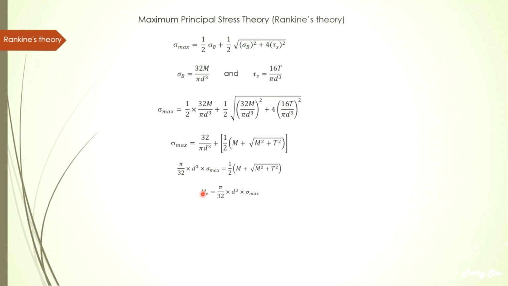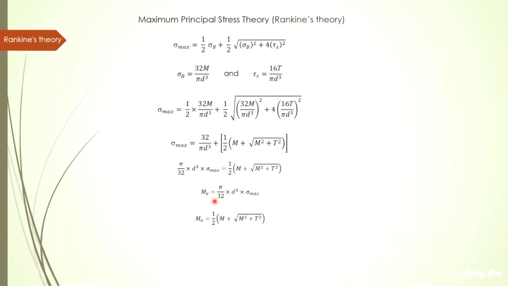So you have the equivalent bending moment equal to this or this, and ME is called the equivalent bending moment. And when do we apply this? This is only when the problems give you the maximum bending stress.